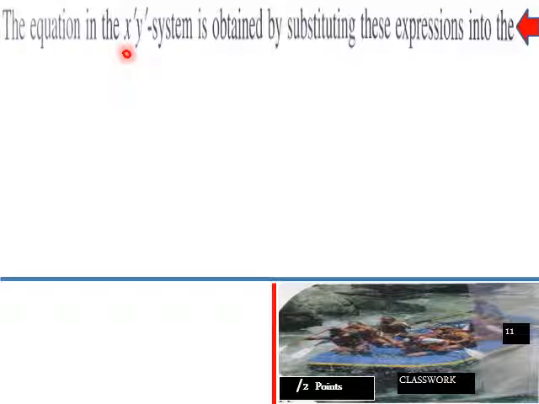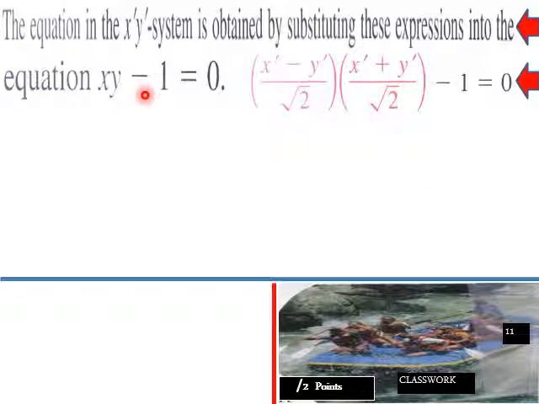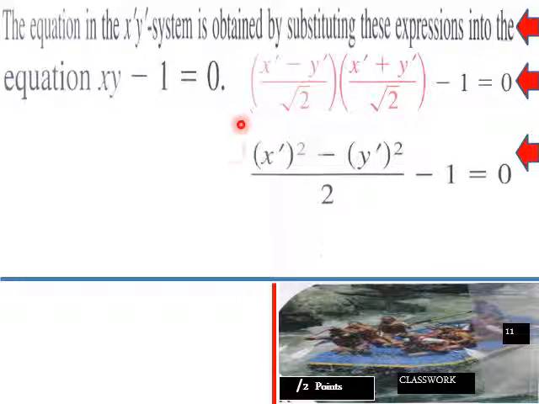The equation in the x prime, y prime system is obtained by substituting these expressions into the equation xy minus 1 equals 0. For xy, we have x prime minus y prime over radical 2 multiplied by quantity x prime plus y prime over radical 2, minus 1 equals 0.